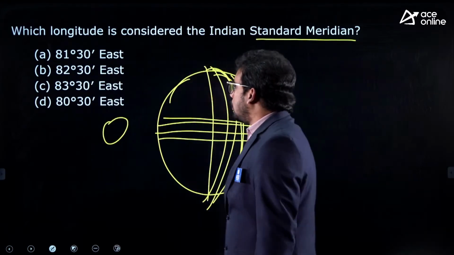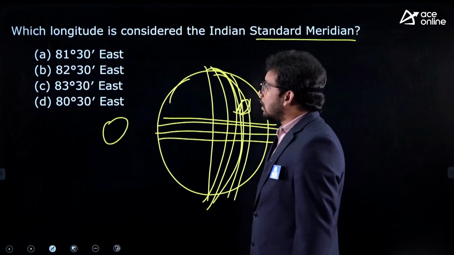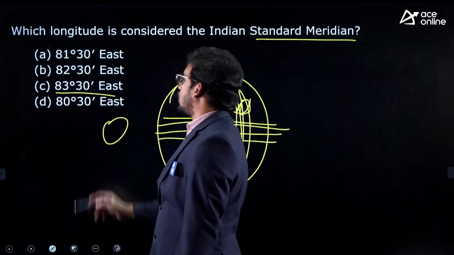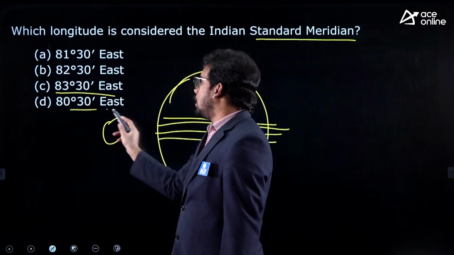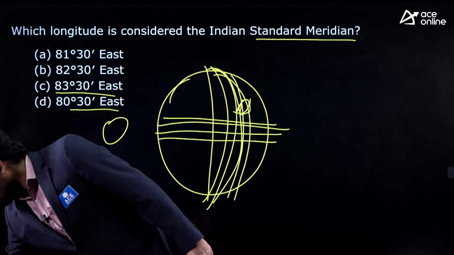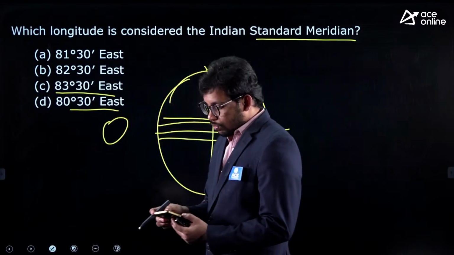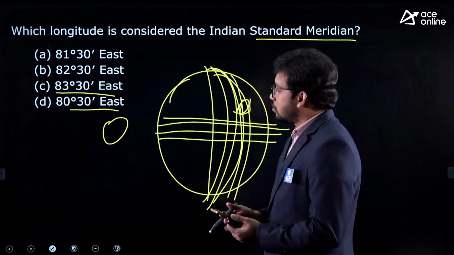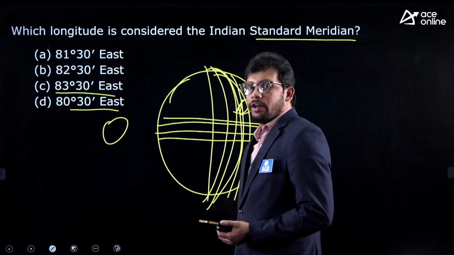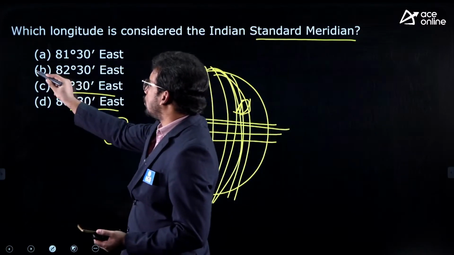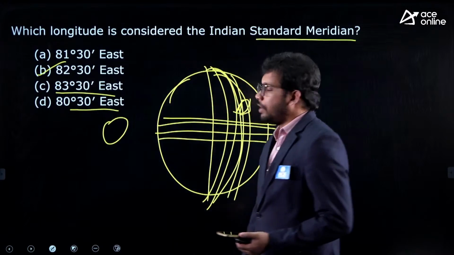The options are 81 degree 30 minutes east, 82 degree 30 minutes east, 83 degree 30 minutes east, and 80 degree 30 minutes east. What is the reference longitude for our time zone? This is the demand of the question. It is a highly factual one, and that is 82 degree 30 minutes.